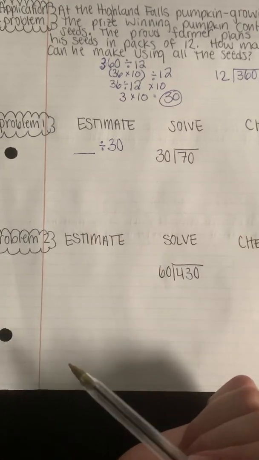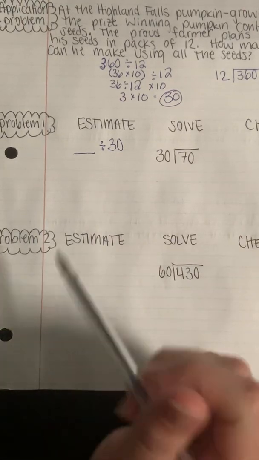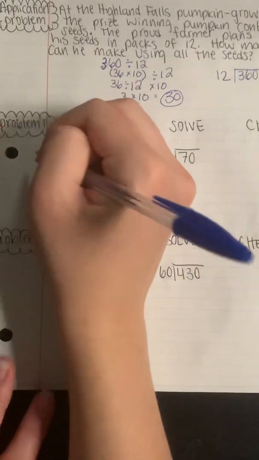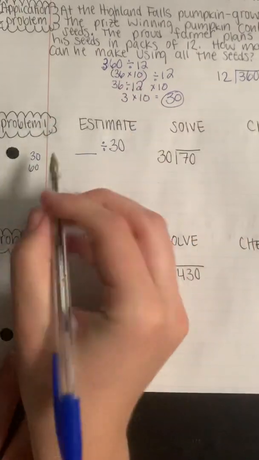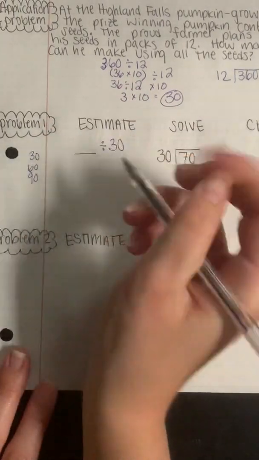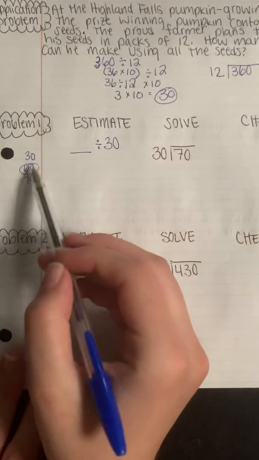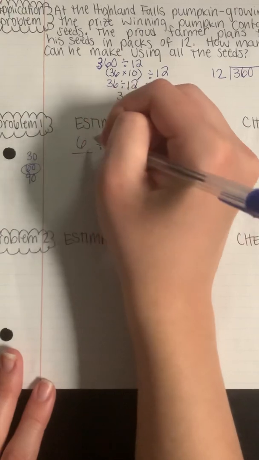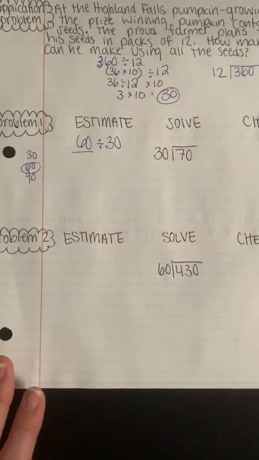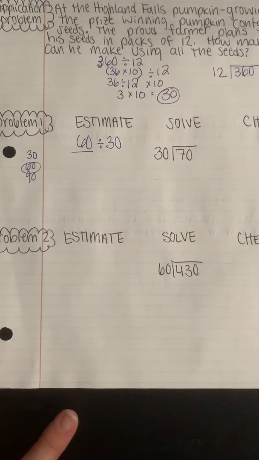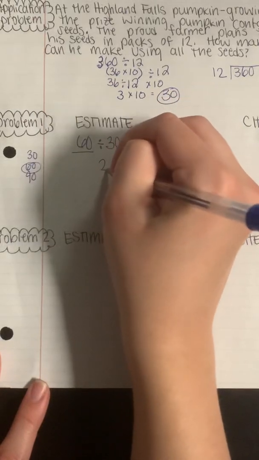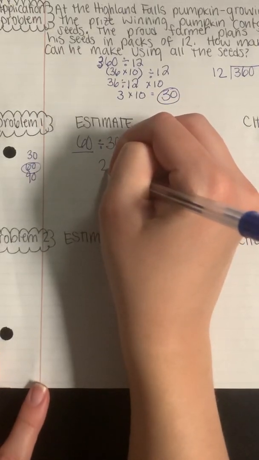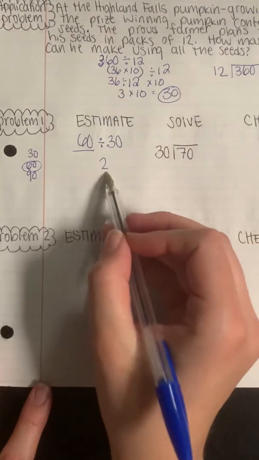How should we estimate this? Well, I'm thinking 30, 60. The next would be 90. 60 is probably the closest to 70. It's only 10 away. So I'm thinking 60 divided by 30. And 60 divided by 30 is 2. So our estimated quotient is 2.